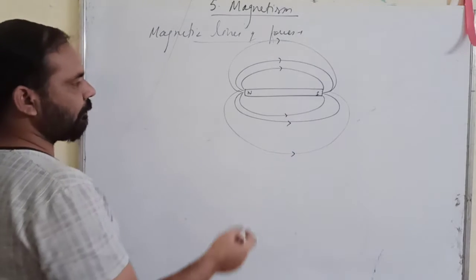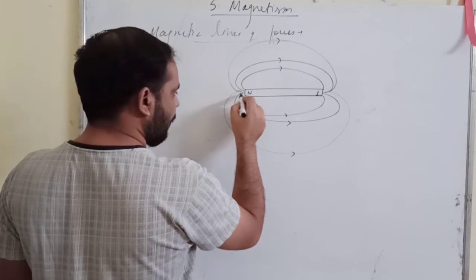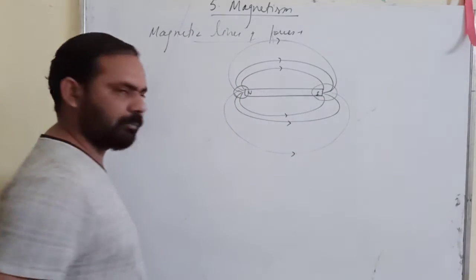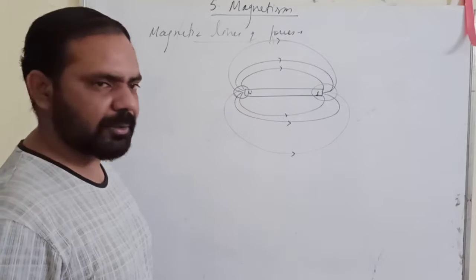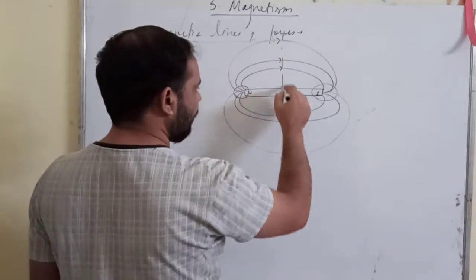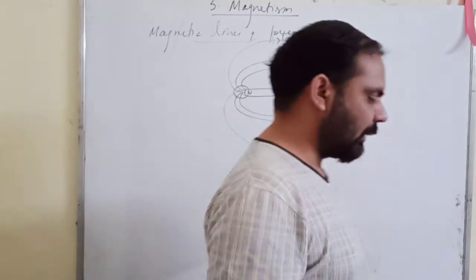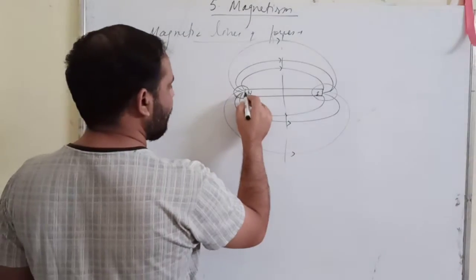Here you can see that the magnetic lines of forces are very close to each other at the poles, at the ends, and here on the equatorial line the gap between the magnetic lines of forces is large.